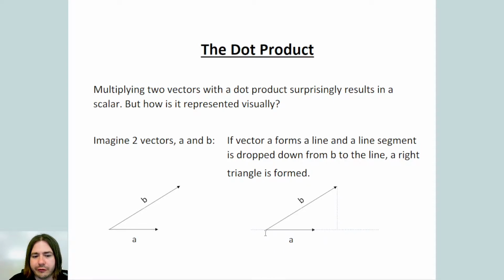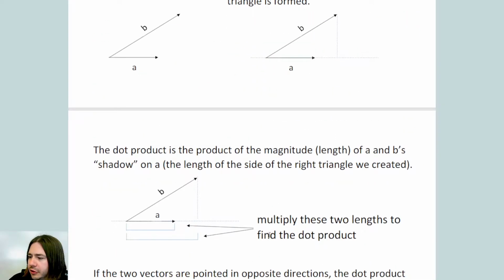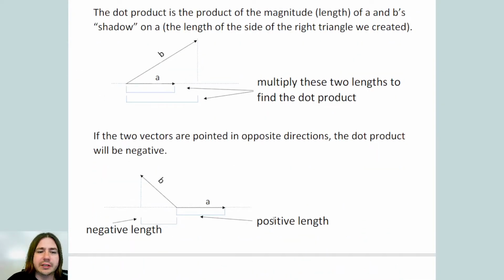So the distance from where the initial point is to this little point right here, where sort of the shadow of B ends. Let me go into a little bit more detail here.